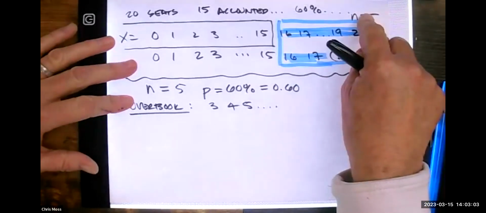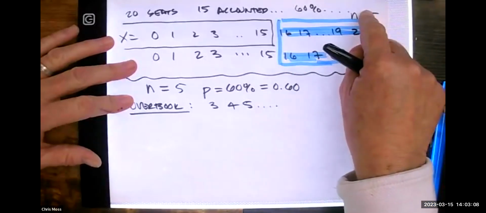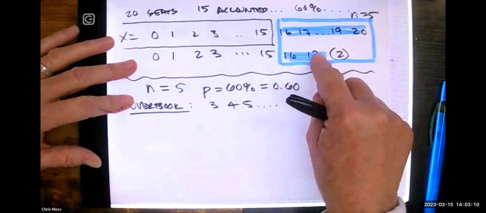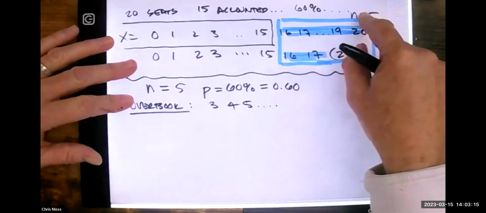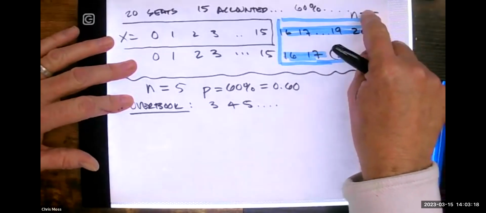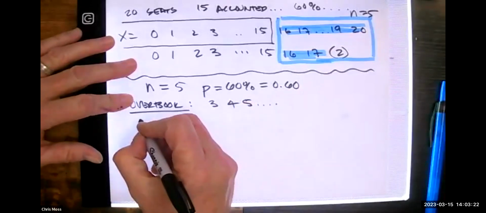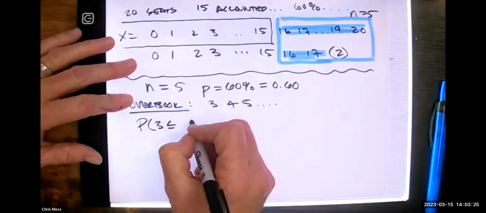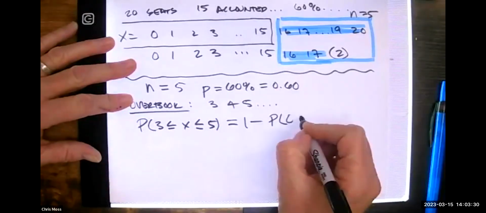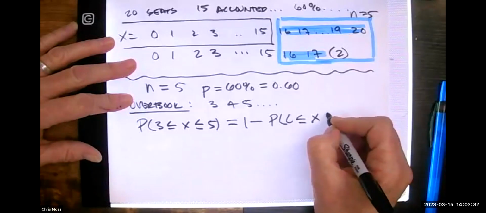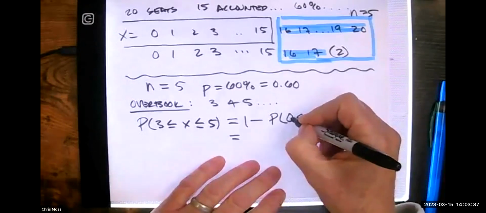If none of these 5 show up, I'm fine. If one of these 5 shows up, they have a seat. If 2 of these 5 show up, both of those people have a seat. If 3 people show up, someone doesn't have a seat. Same problem with 4, same problem with 5. So I'm in trouble if we overbook. So the probability that X is somewhere between 3 and 5 is 1 minus the probability that X is somewhere between 0 and 2. So this is the probability that we overbook.